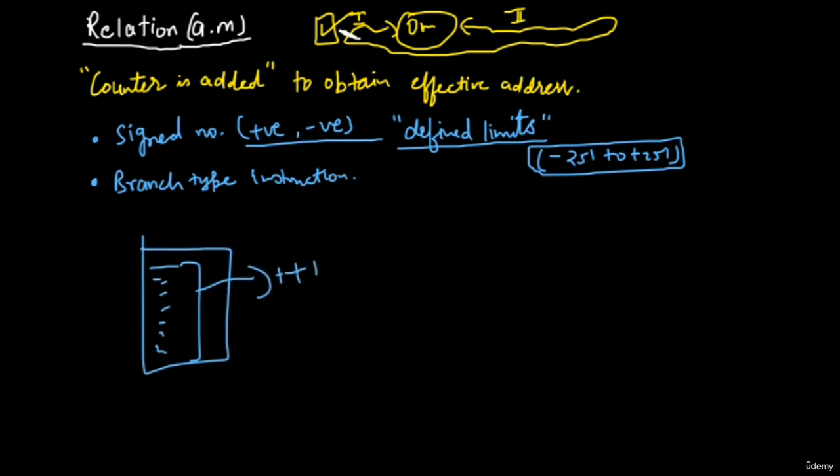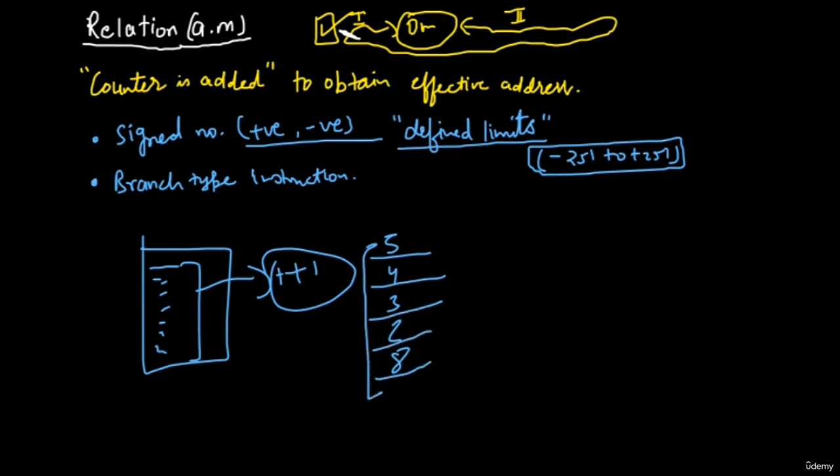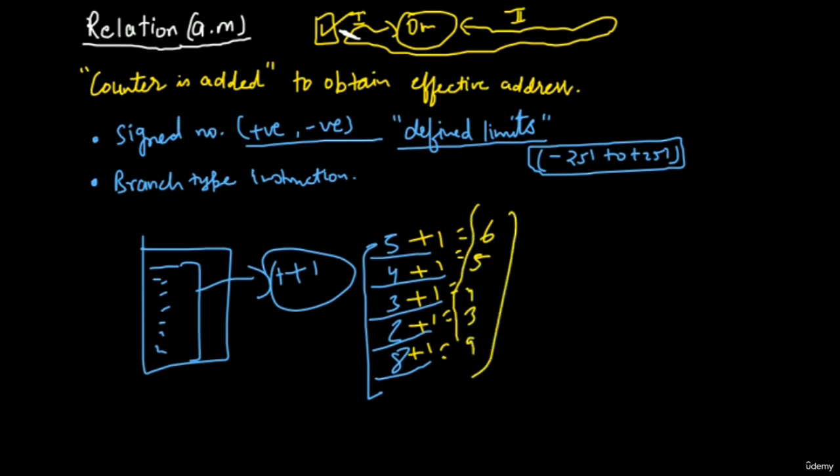Every value, like 5, 4, 3, 2, 8, will be added with 1, so don't get confused. It becomes 6, 5, 4, 3, 9. Now these are the new values in these places. That's what I meant by the branching of instruction.